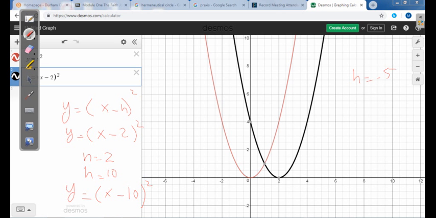Y equals (x plus 5) squared. Why plus? Because it's x minus a negative 5, and instead of having two minuses, I write it as a plus. So for the horizontal translation, it's opposite to what you see, because the formula is actually a negative in there.